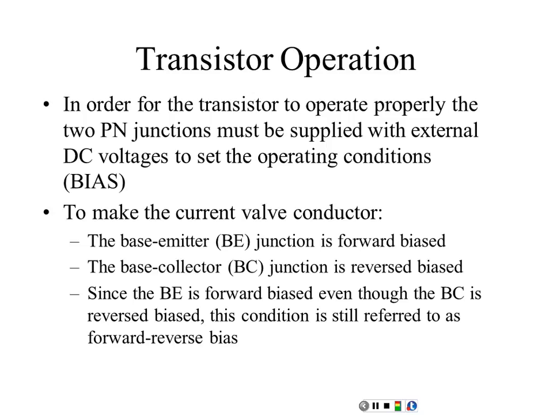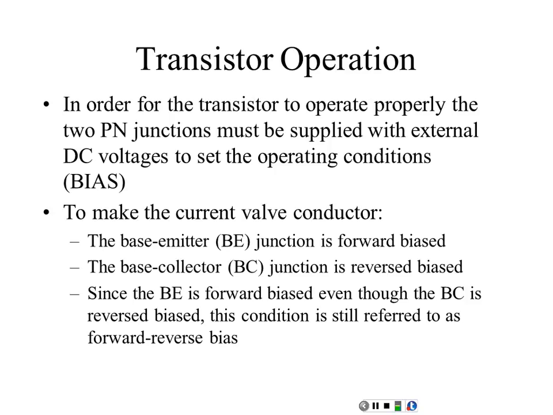In order for the transistor to operate properly, the two PN junctions must be applied with an external DC voltage to set the operating conditions, and we call this what? Bias. It has to be biased. To make it work, the base emitter junction has to be what? Forward biased, and the base collector junction has to be reverse biased.